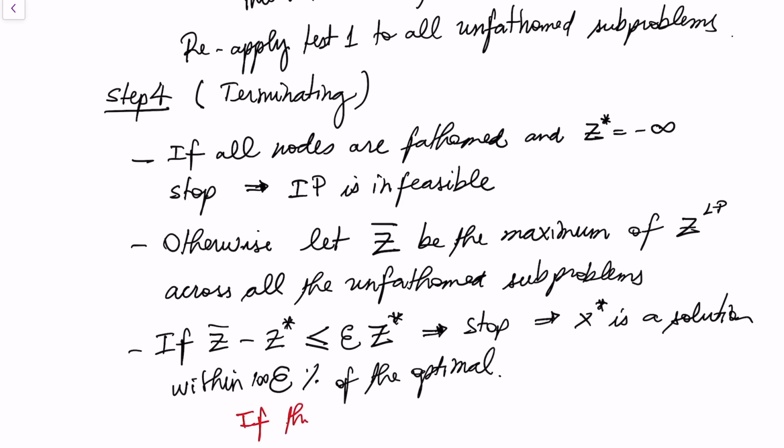If this is not the case, we repeat. Okay? So this concludes all the steps of the branch and bound algorithm, and we're going to see how it works with a problem example next.